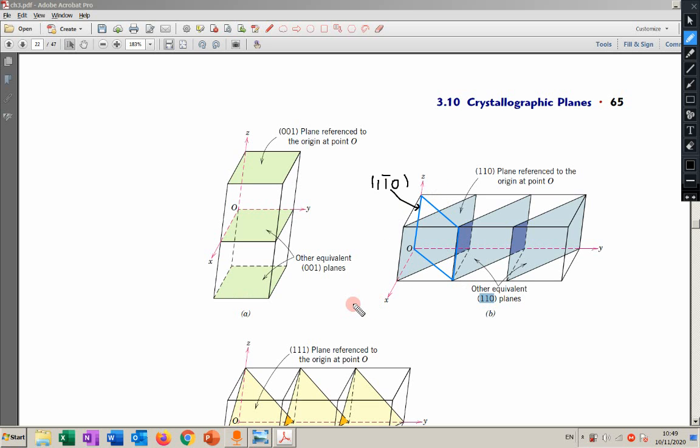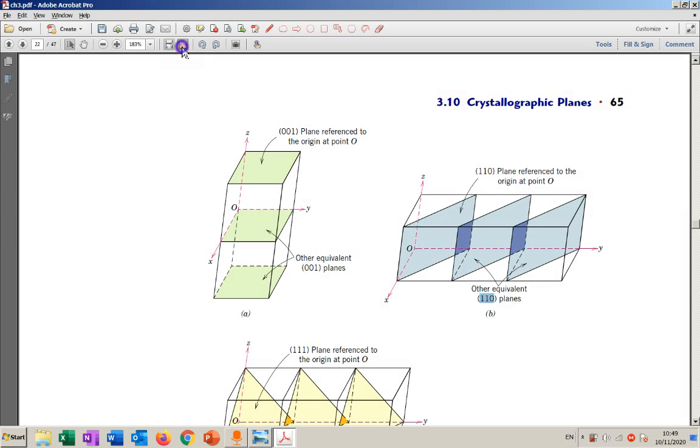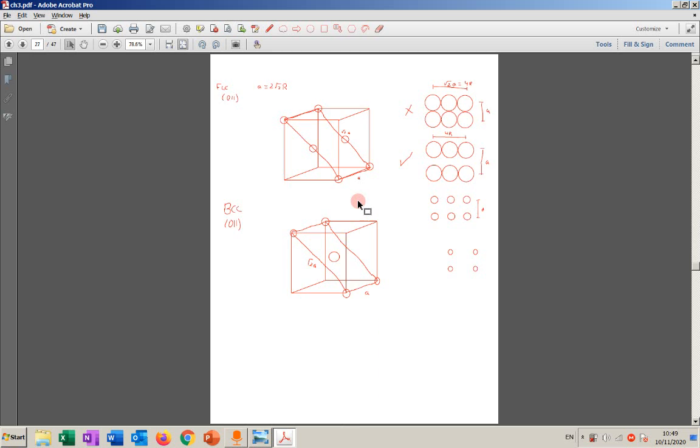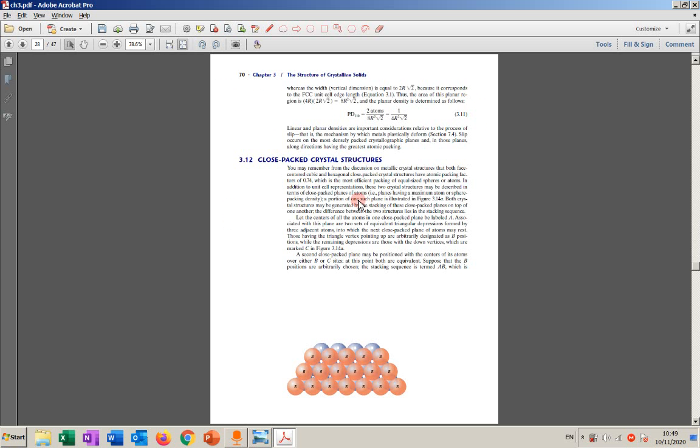Family of planes means that they have similar atom arrangement but not the same direction. For example, this direction is different, but they have the same atom arrangement. We call them family members. Those two pieces of information will be required for the next topic, X-ray diffraction.